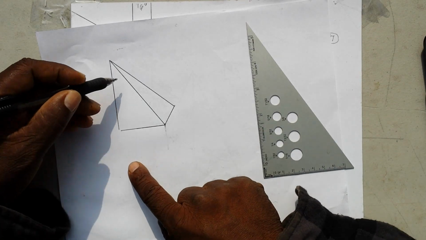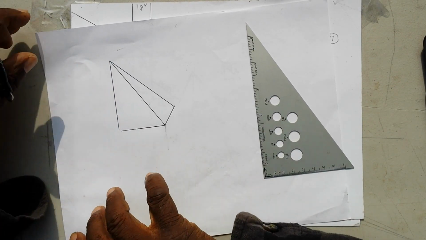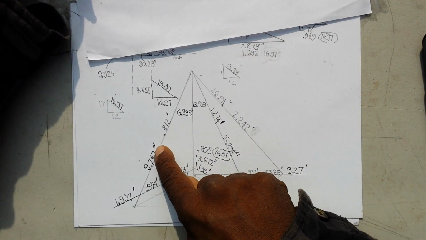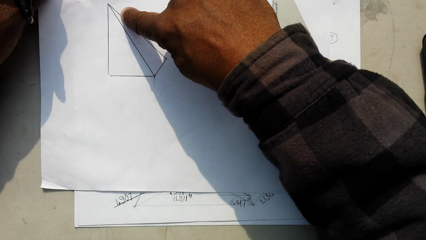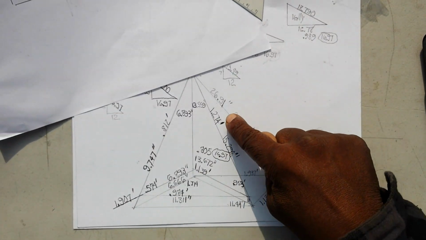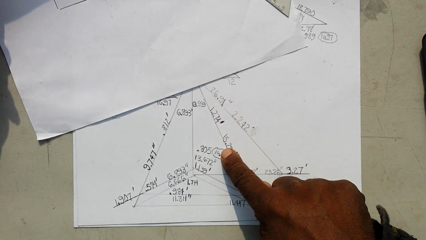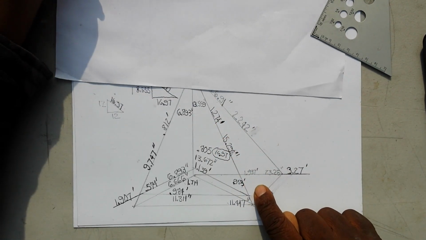So this right here would be the king common for the 12-12 side, represented by this. This would be the king common for the 7-12 side, represented by this. And this right here is the hip, represented by this. So you see that, right?